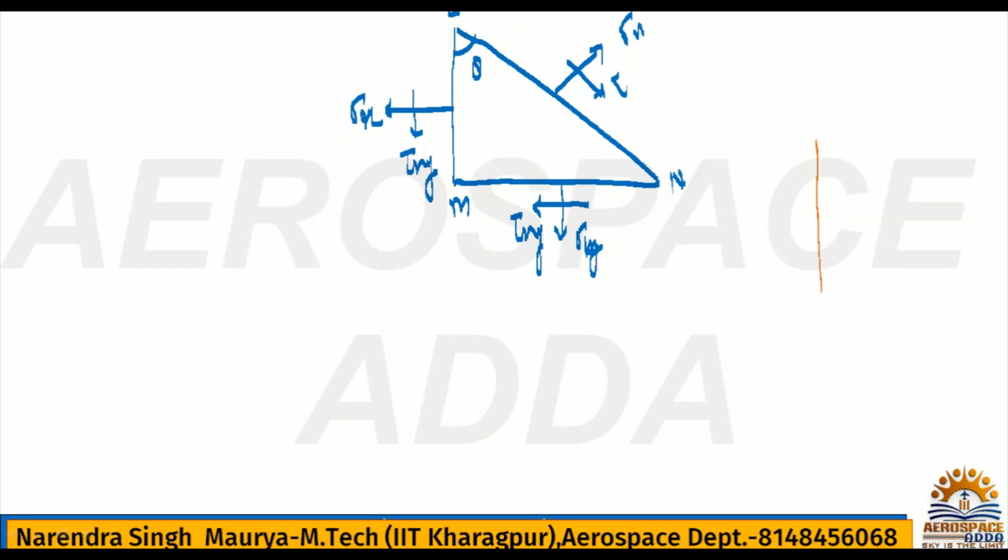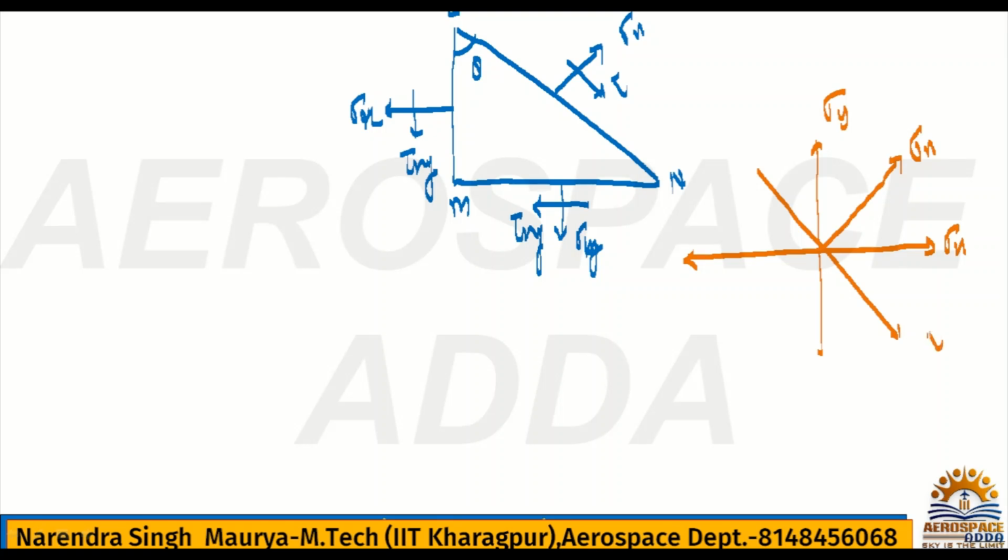This is sigma y and this is sigma x, and this is sigma n, and this is tau. We can extend this one also if you want. So sigma n and tau we have shown.